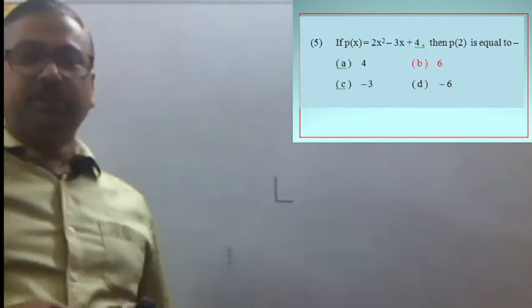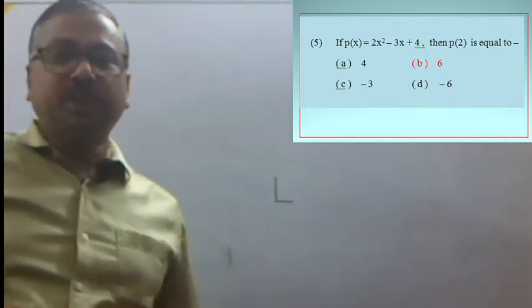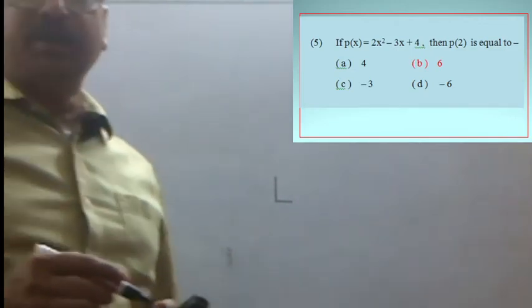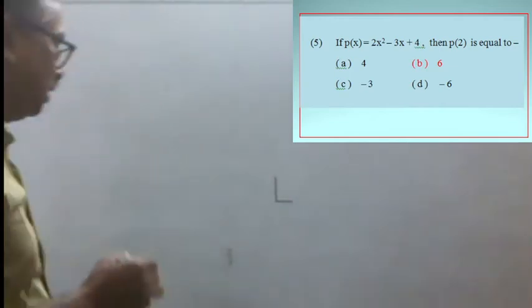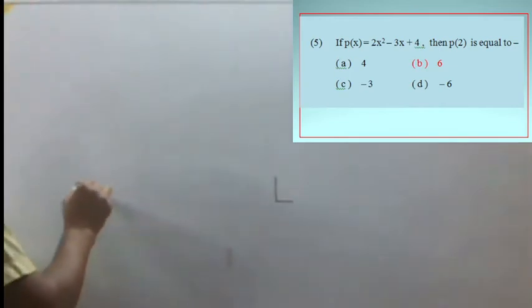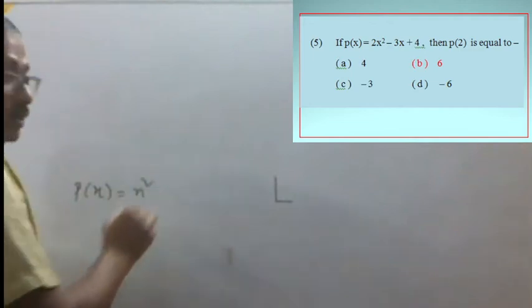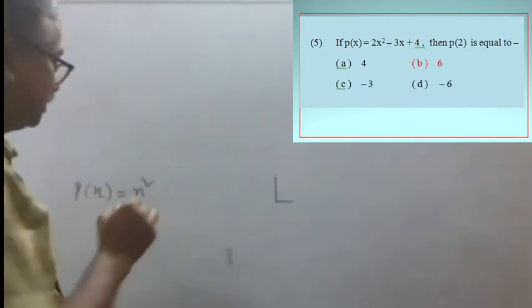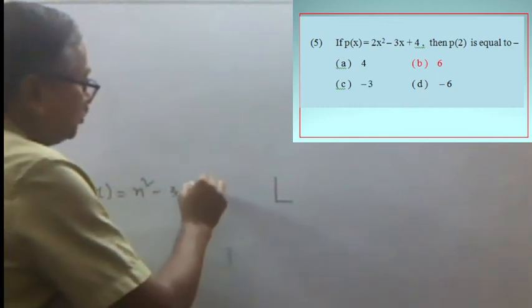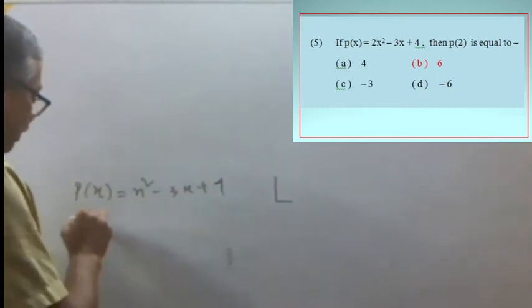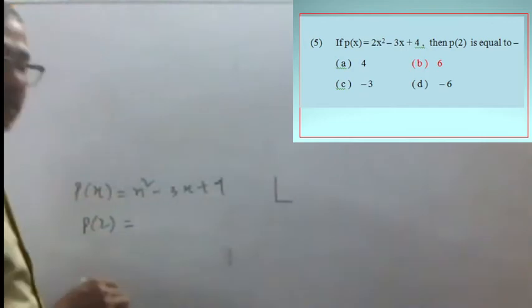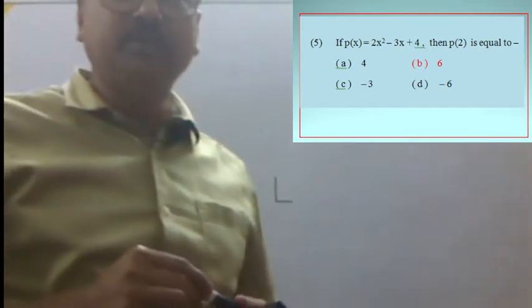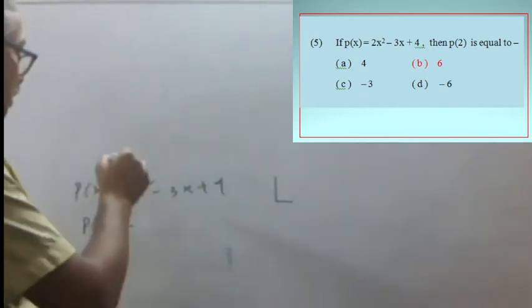Next question: P(x) is given as 2x squared minus 3x plus 4, find P of 2. This is one of the important patterns. So P of 2 means we replace x by 2.